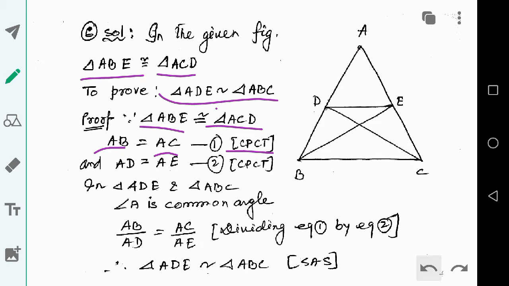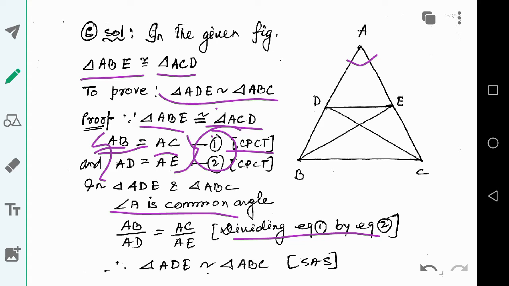Now let us take these two triangles ADE and ABC, which are to be shown similar. In these two triangles you can see both consist of angle A, so angle A is common. Dividing equation 1 by 2, we get AB by AD on one side and AC by AE on the other.